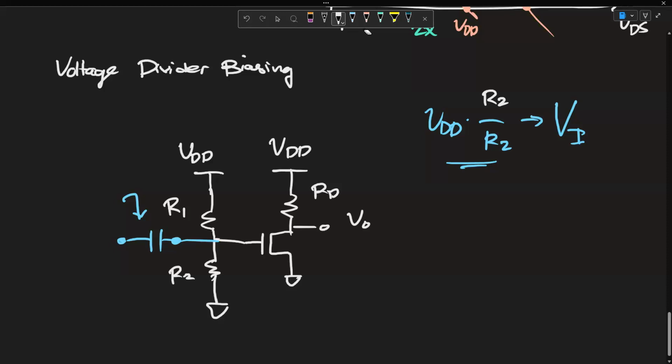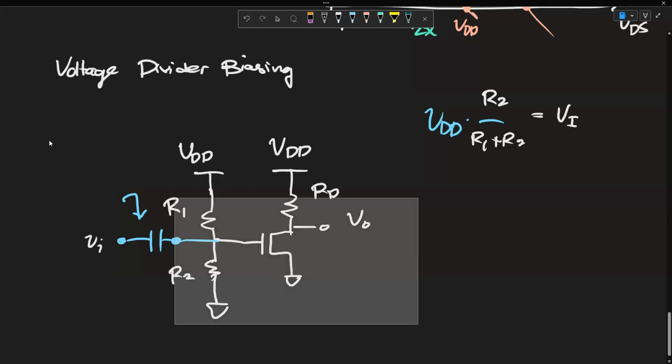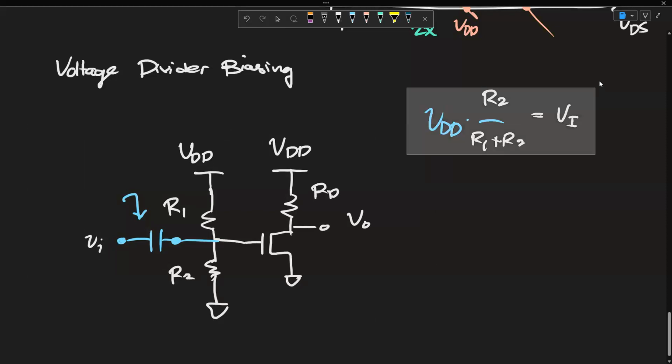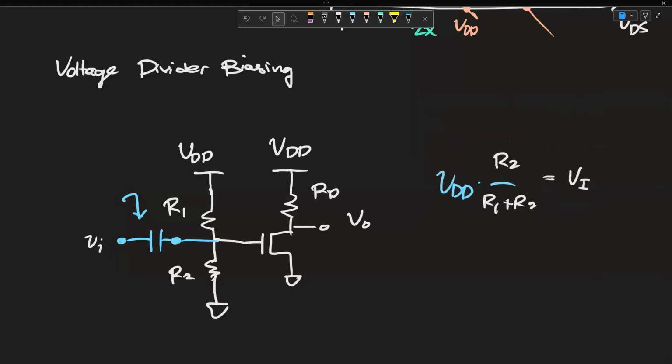So R2 over R1 plus R2. Right? And this would be the voltage at that point, which would now be our capital V, capital A. This would be your small v, small a, right? So this could be a way in which we bias our circuit.